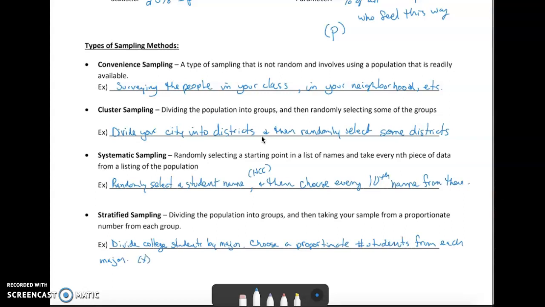So kind of further on to that, we can write that down: if there are twice as many math majors as English, and again, I'm just making this up, then sample twice as many math students.